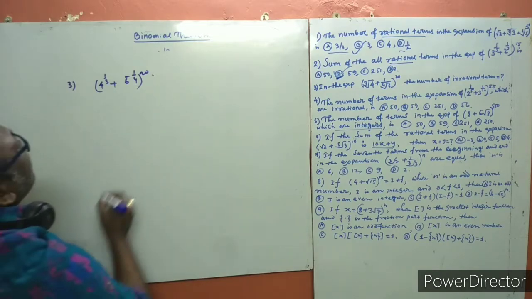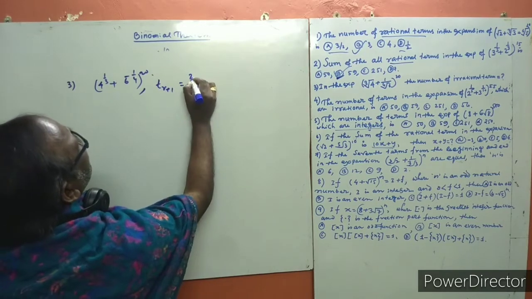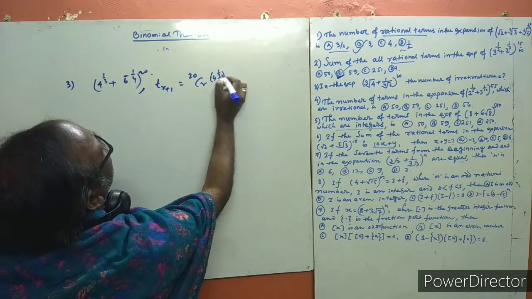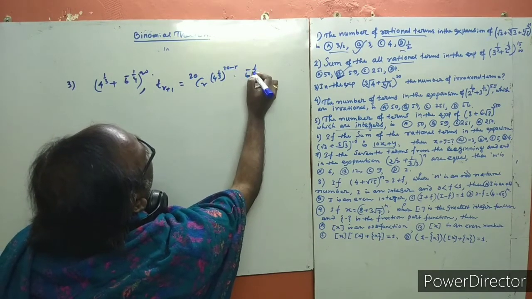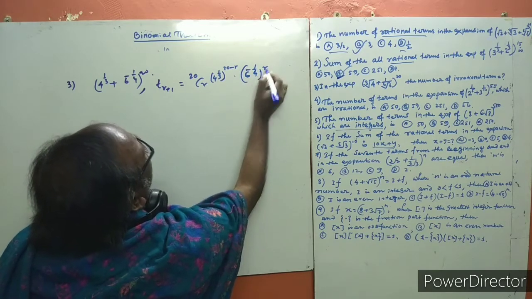So let us find the value of the general term. T(r+1) is 20Cr times (4 to the power 1/3) whole to the power 20 minus r, times (6 to the power 1/4) to the power r.